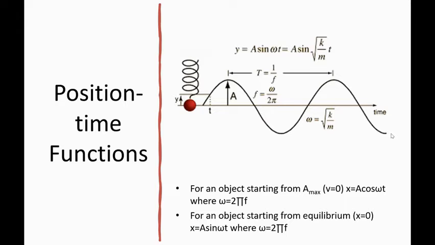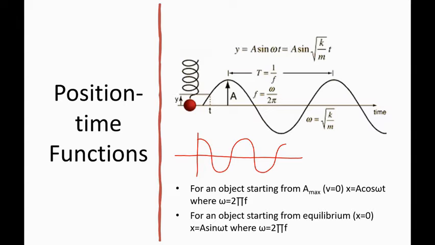For an object that's starting from your amplitude, your maximum displacement, you actually have a cosine graph. Okay, you have a cosine graph, where your starting point is going to be at your maximum. So you have something like this.